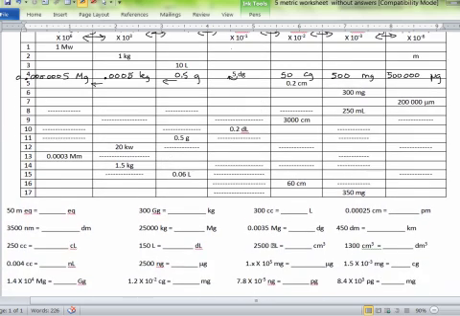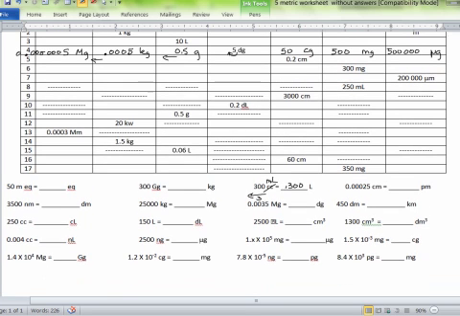With problems like this, let's review this: cc's to liters. Remember, for cc's, I want to change that into milliliters. And then milli back to liters, I will be moving back 3 places. So that would be 0.300 liters. Oh, that certainly doesn't look right.